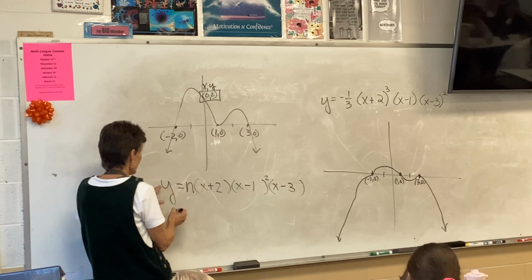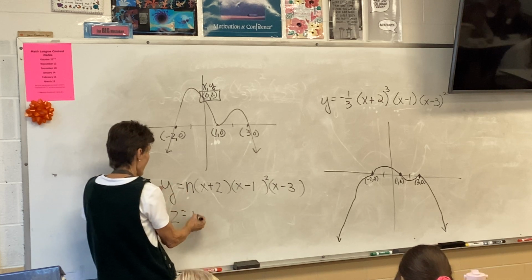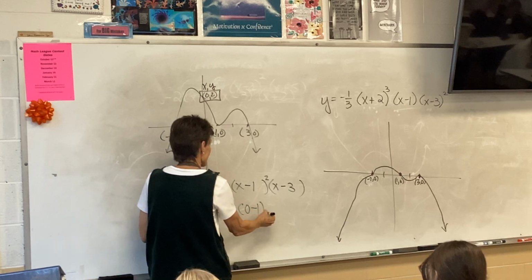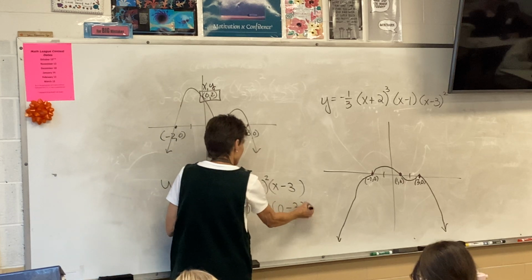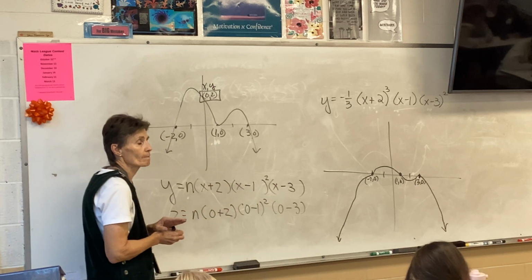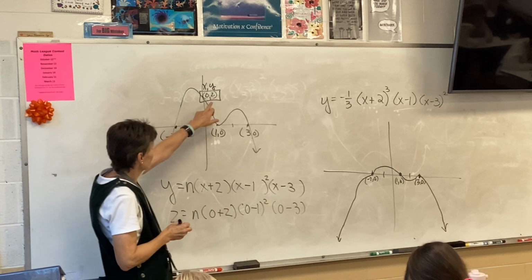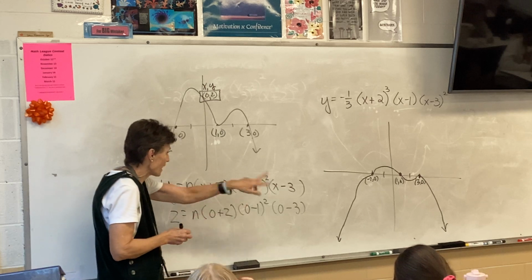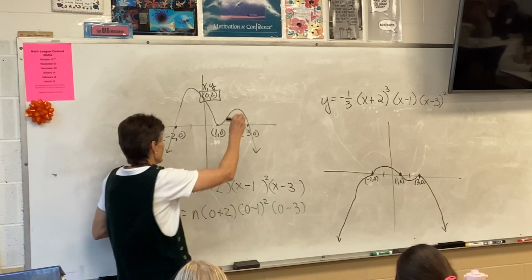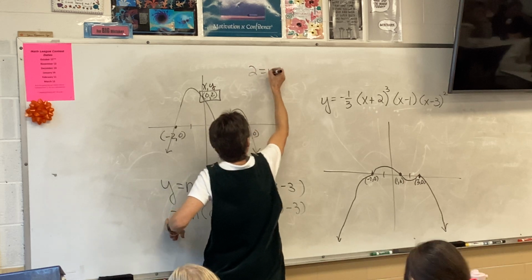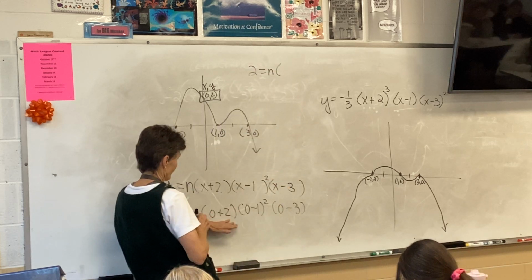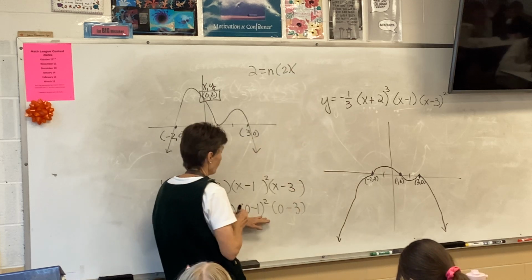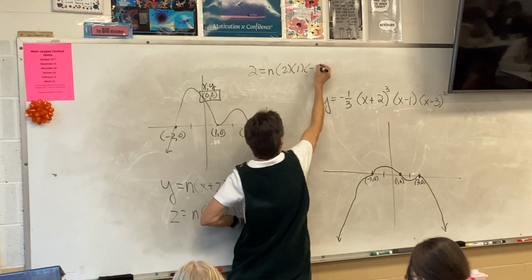So I'm going to put in 2 for y and 0 for my x's. Everybody all right? Y is 2, and then all of the x's have to be 0. So 2 equals n times what? 2, 1, and -3.